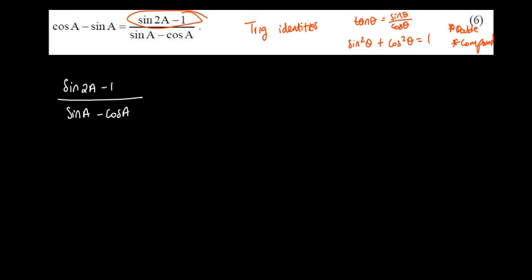It's something you are used to if you do a lot of problems on this, because with sine a and cos a at the top you have to factorize in a way.